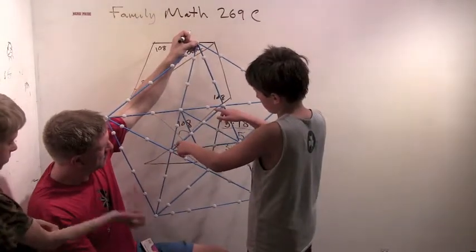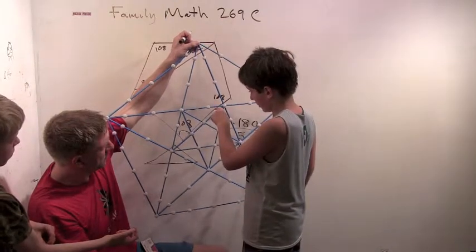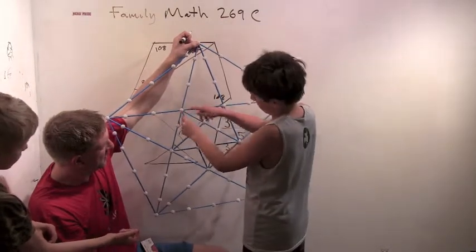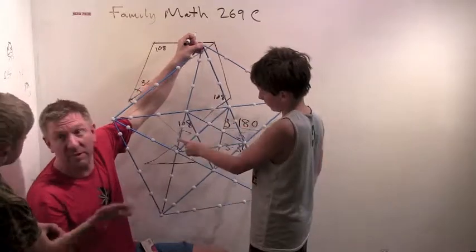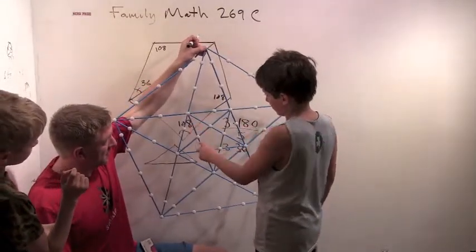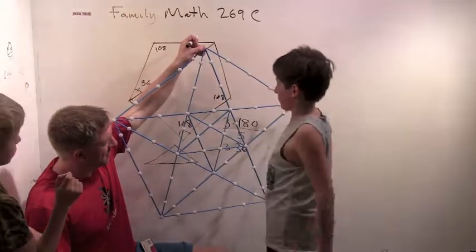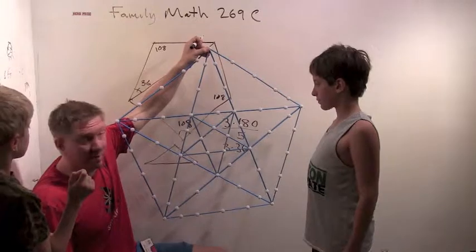And then this angle is 36 because we already have the big triangle we calculated, and that's 36 because it's isosceles. So the triangles are indeed similar. Cool.